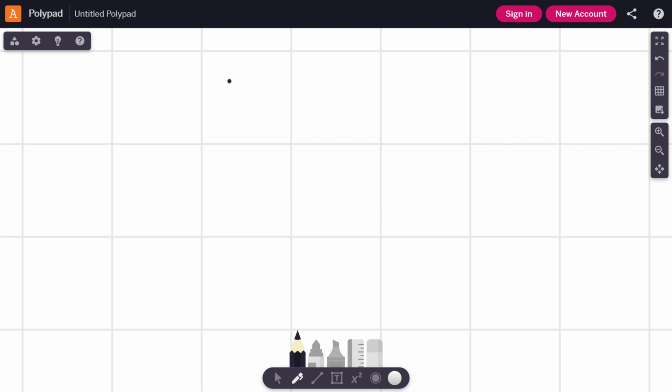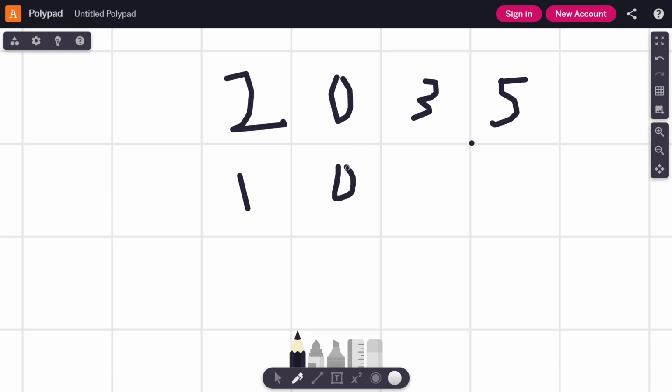So for example, we have 203.5 and 101 point. Let's do one that does not require borrowing.